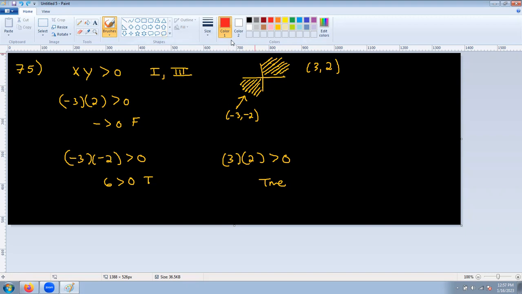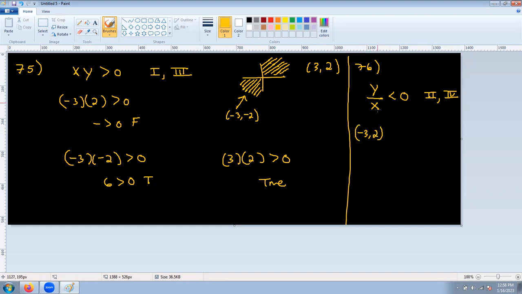Let's see if we can do another one here. So this is 76. And this is y over x is less than 0. And this apparently is true for quadrants 2 and 4. So let's check this out. So 2 and 4 are these guys. So let's pick some coordinates over here. So let's pick -3, 2.